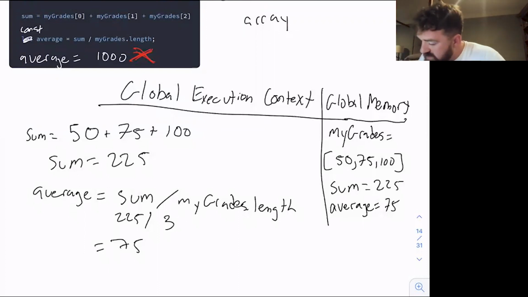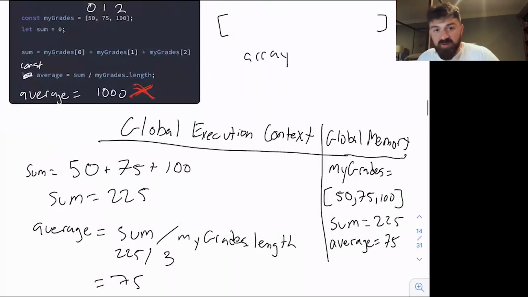Okay, cool. All right, people, let's stop for a sec. We just went through a couple lines of code, and the way we just went over this is exactly the way JavaScript would have thought about it. So great, we're learning. We're declaring variables, assigning values, storing them in memory.